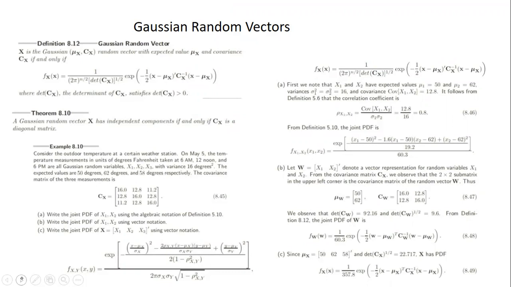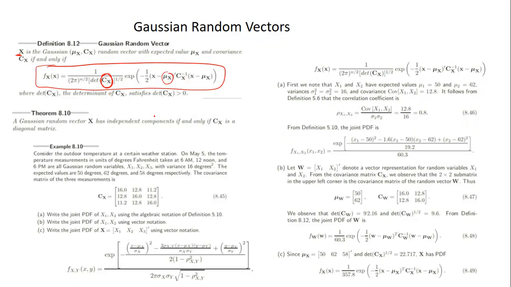We can use the formula in the previous slide to write the joint PDF of Gaussian random vector x. Here there are two vectors that are important: the covariance vector and the expected value vector. Once we know them, we can easily write the joint PDF.